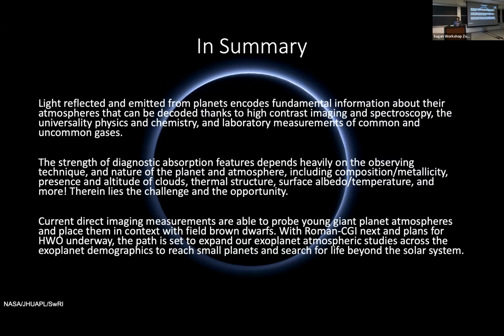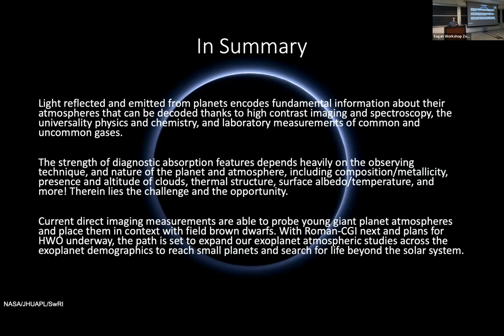The strength of diagnostic absorption features depends on tons of factors, including the observing technique, what wavelengths we're looking at, the nature of the planet and the atmosphere itself, including the composition, metallicity, the presence of clouds and the altitudes that those are at, the thermal structure, the surface properties.